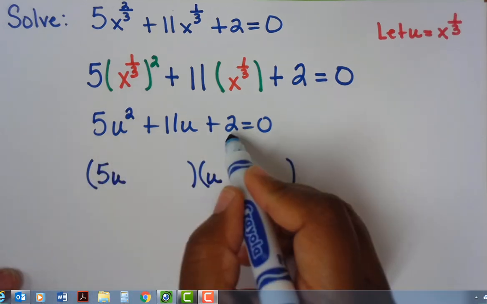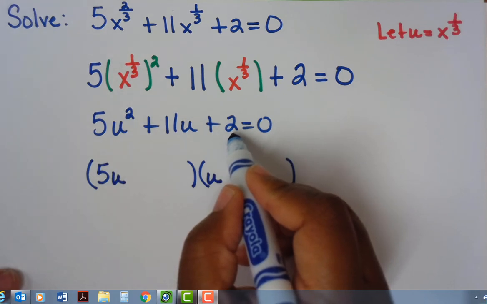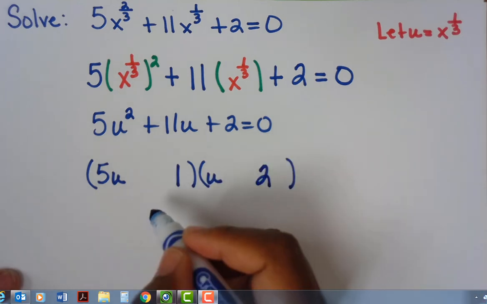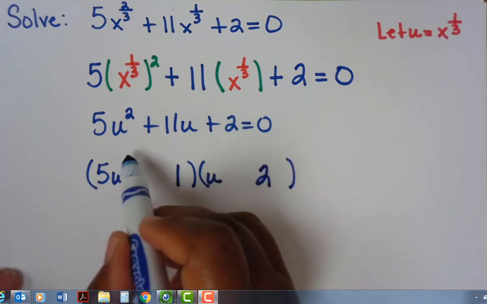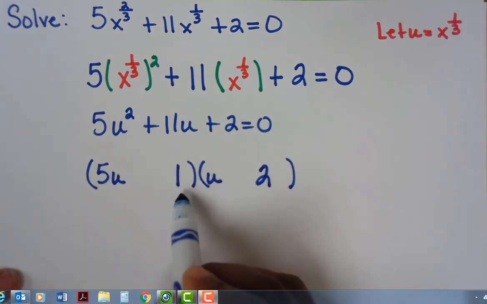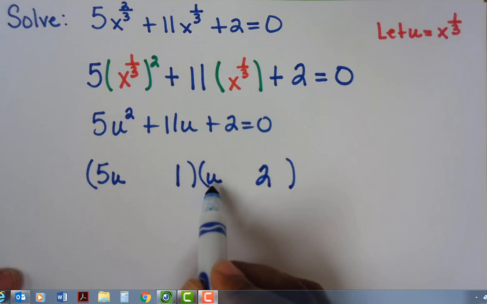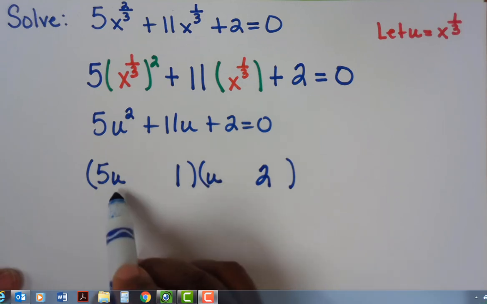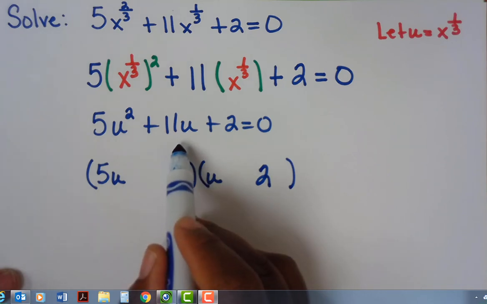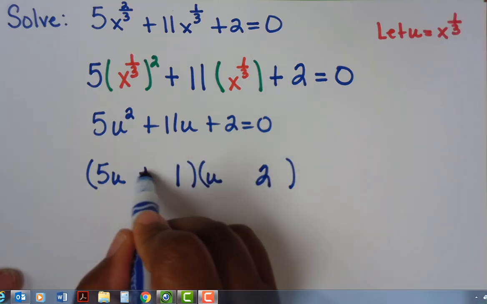The last term is going to be 2, and factors of 2 are 1 and 2. So when we FOIL, for the middle term to get 11u, we multiply 1 times u, that's 1u, and then 5u times 2, that's 10u. We add those together, that gives us 11u. So positive signs.